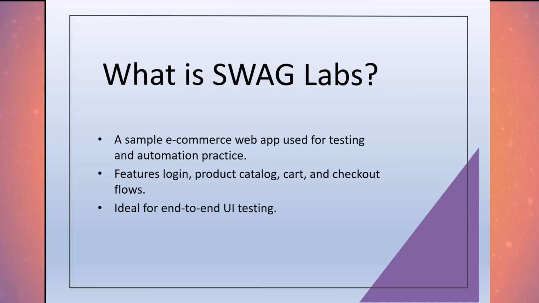I've used it several times in the past. It's designed to simulate a basic online store where users can browse products, add them to a cart, and complete a purchase. It even includes a burger menu up in the top left corner. That feature will be handled in the test automation.